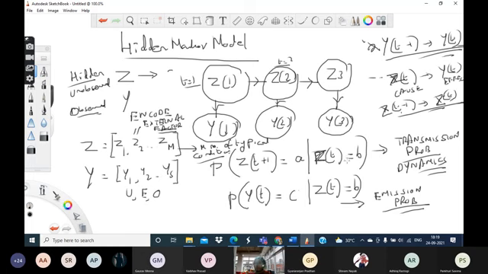So now in the previous case we estimated the dynamics parameters, that is, parameters like the probability that Y_{t+1} equals e given that Y_t equals u. These kinds of parameters we estimated directly through relative frequencies from a survey.